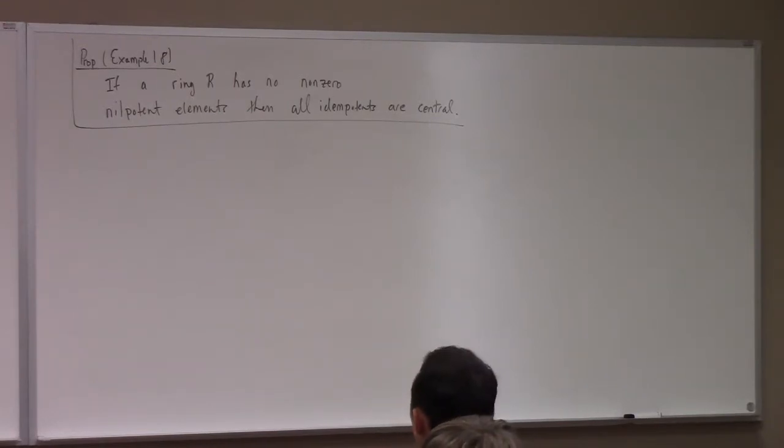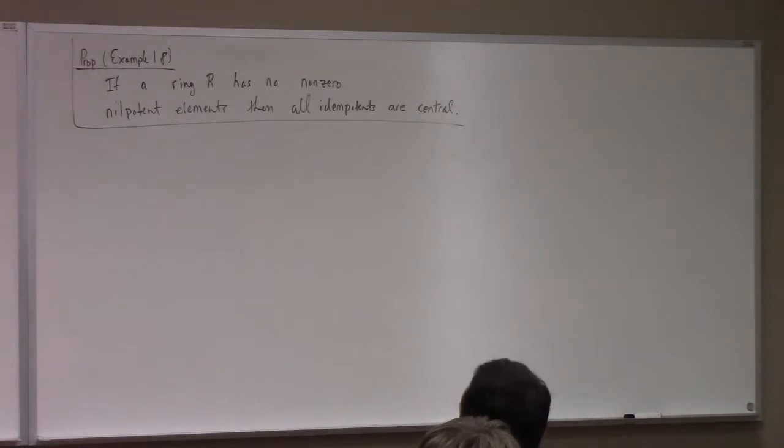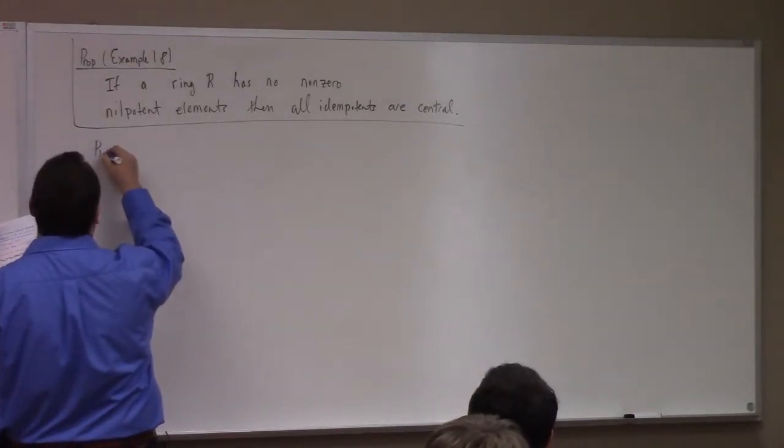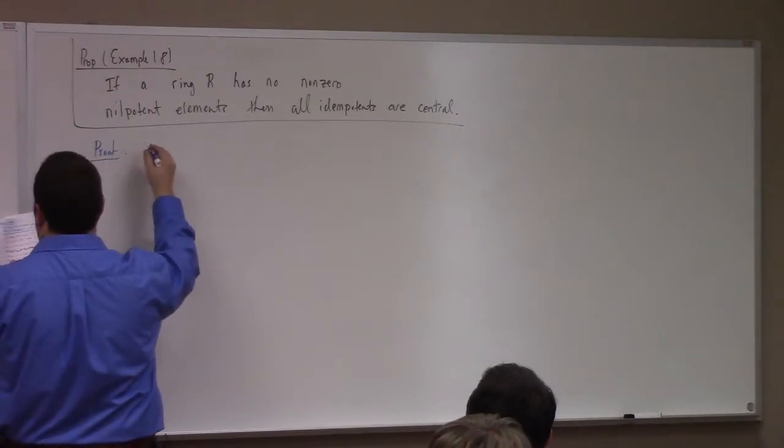So I really enjoyed the proof of this example. It was really a fun one, and just a nice encapsulation of everything that had happened in this section up to this point. So let's go through it here. Proof.